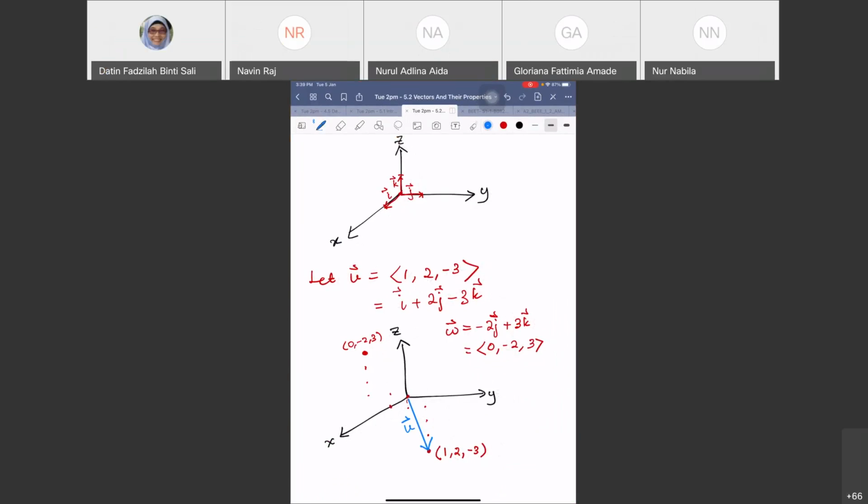All right, so back to here. Then you need to draw your vector, your line here. So this is the line, and then you draw your arrow. So that is your vector w.